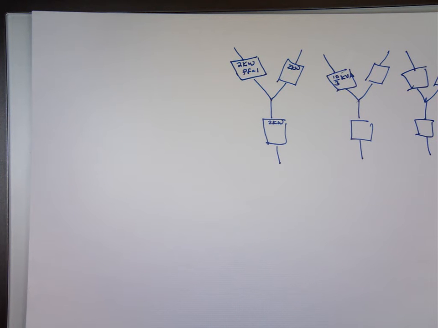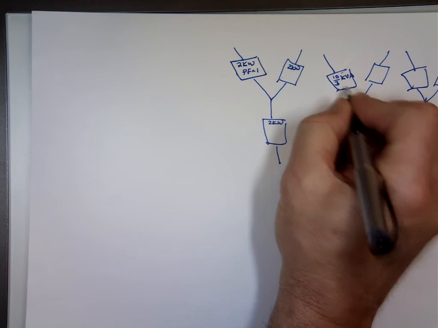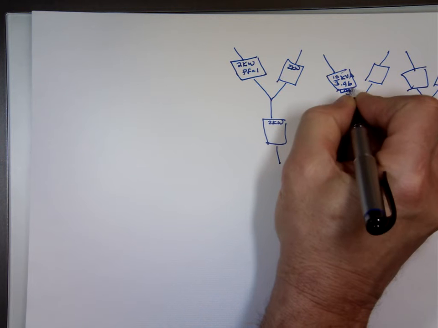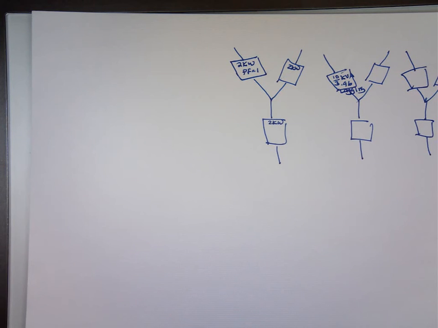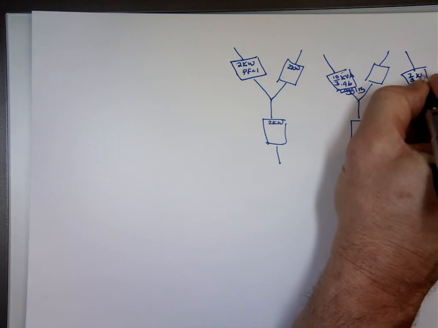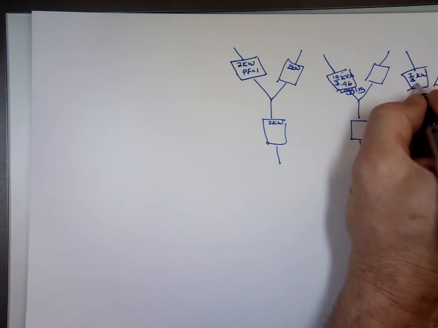Power factor 0.96 lagging, and it's lagging for each one of these. And the third one is what? 7 kilowatts, so 7 divided by 3, that's each one, kilowatts. 0.85 lagging, the power factor.